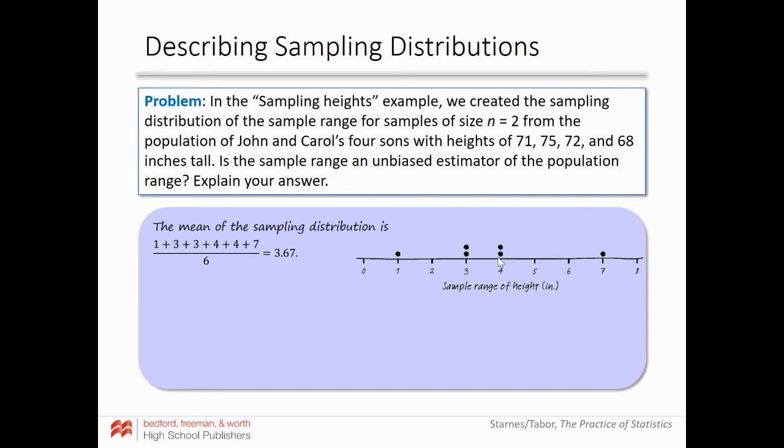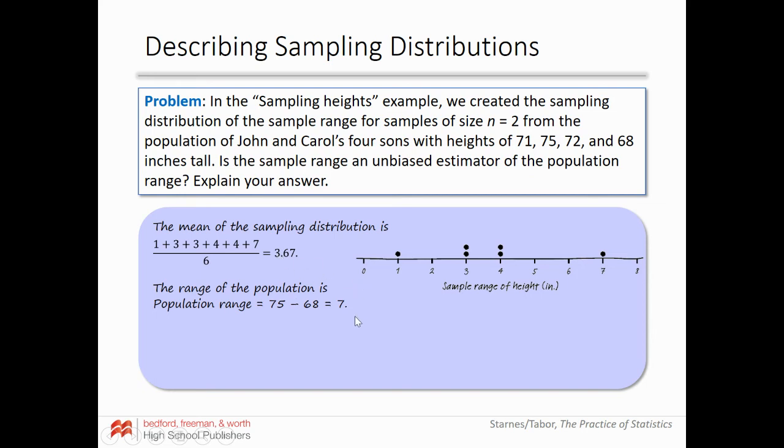When I took the mean of the sampling distribution, I did that just by adding up all the data points and dividing by the number. I get 3.67. However, the range of the population is 7. The way you'd find that is just your maximum height minus your minimum height.